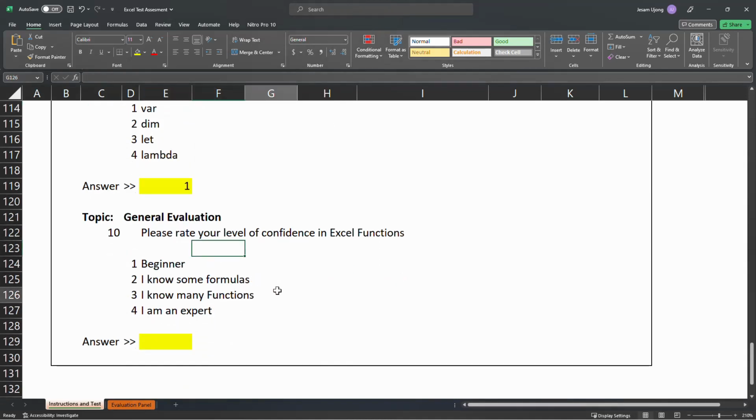Okay, so finally, I would really love to see the response from everybody on this one, on the chats. Please rate your level of confidence in Excel functions on the scale of 1 to 4. One, I am a beginner. Two, I know some formulas. Three, I know many functions. Four, I am an expert. Bring it on.